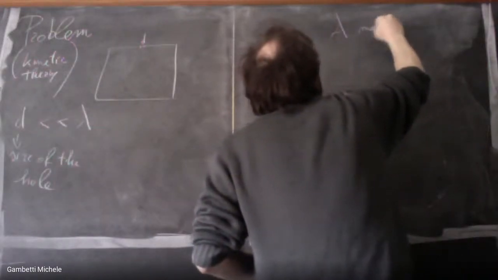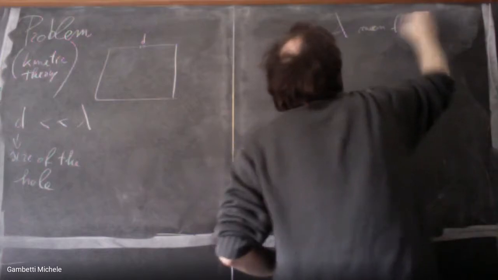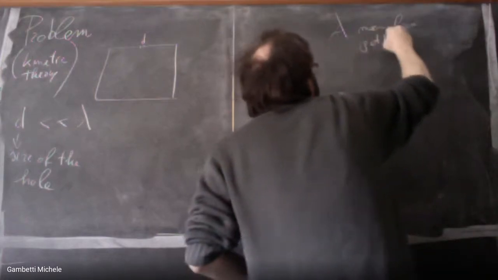What is the mean free path? Well, it's the average distance that a particle covers between one collision and another collision.